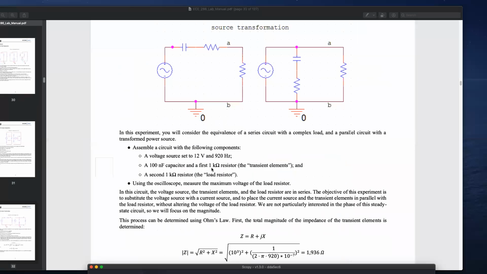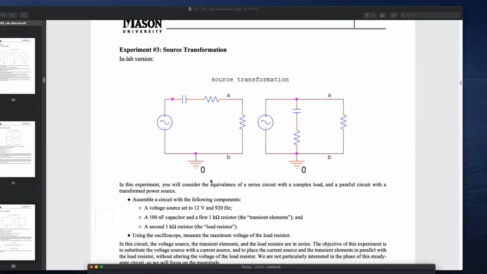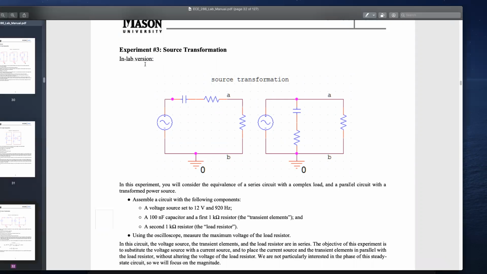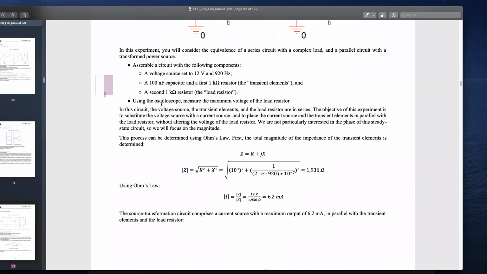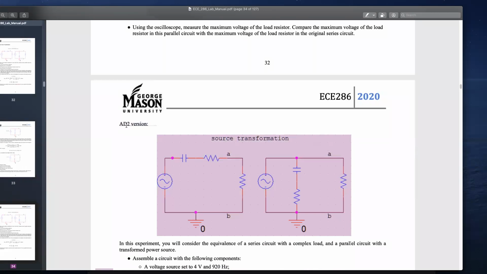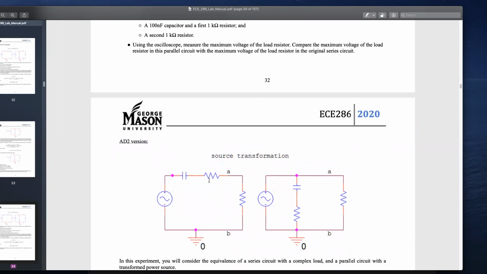Now experiment 3, you are just doing a source transformation, but since we can't do a constant current source using the M2K, we're just using a voltage source. This is a fairly simple circuit, and there are two versions: one called NLab, and a different section called 82, which will say 82 plus M2K.